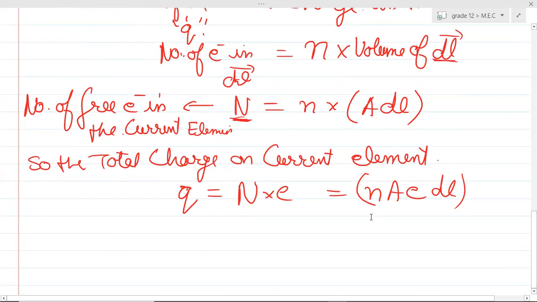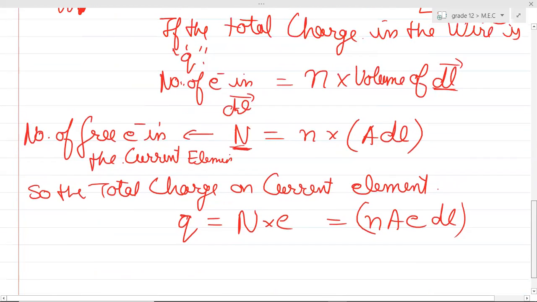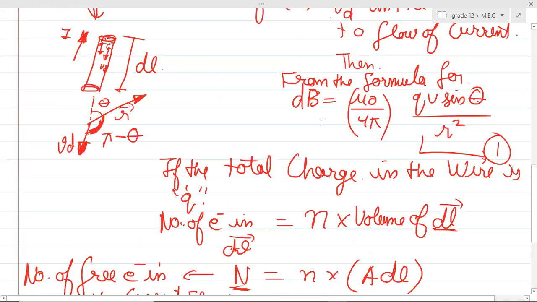Yes, sir. Now after this, what to do? Now after this, the whole thing becomes very easy. From the formula for the magnetic field produced due to a moving charge, dB is equal to mu naught by 4 pi, q v sin theta r by r square.